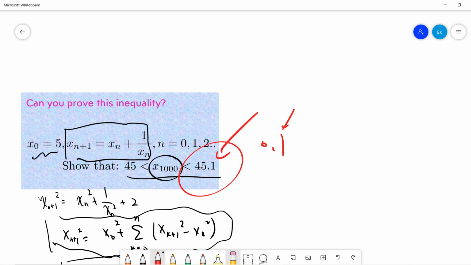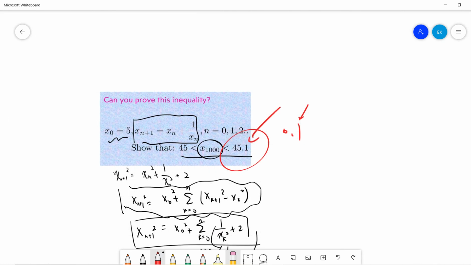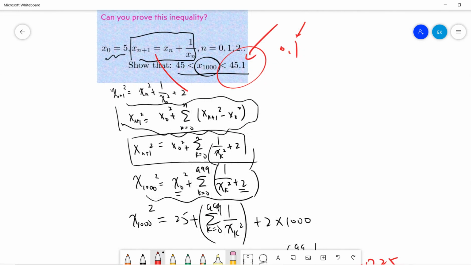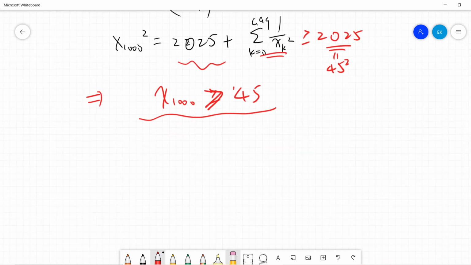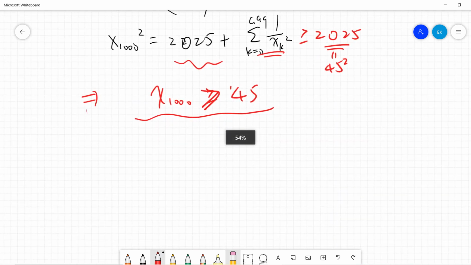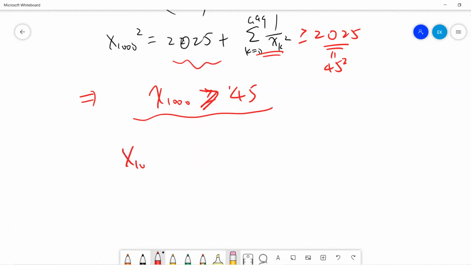Where does the 0.1 come from? From this, I know that xn is increasing. So I should give x1000 squared a bound, and I should pick up the largest term, which will be 1 over x0 squared, right?